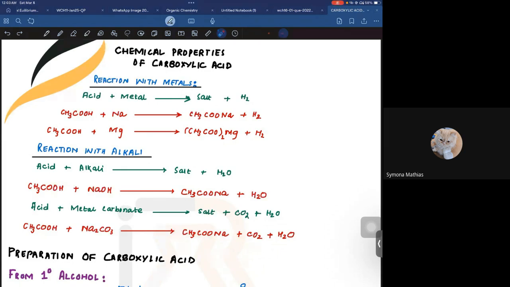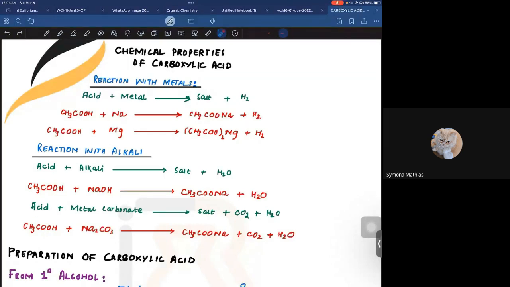Then after discussing the chemical properties of carboxylic acid, it can react with the reactive metal, it can react with an alkali, it can react with metal carbonate. It doesn't mean that we can react any metal carbonate with this.